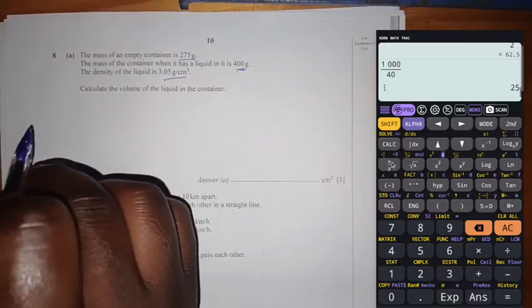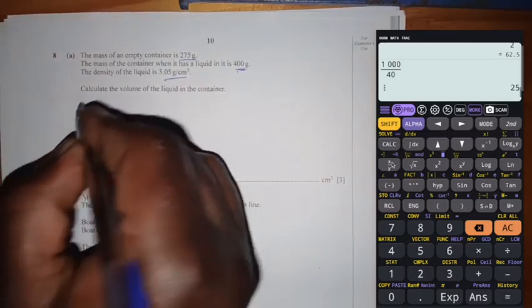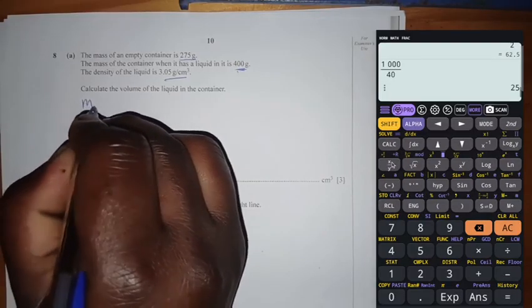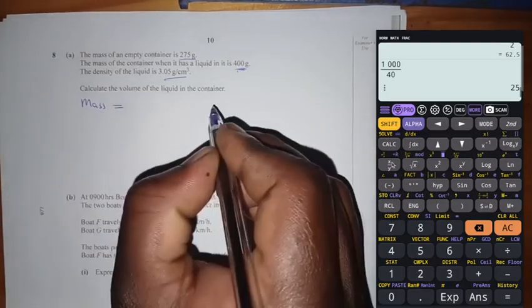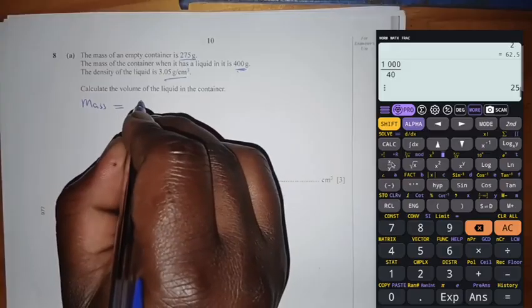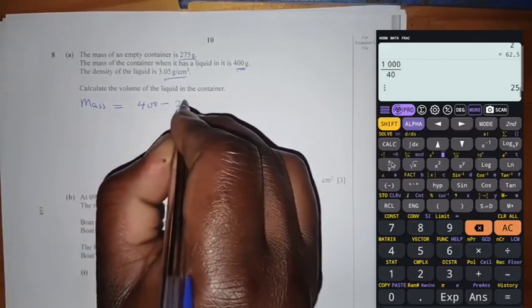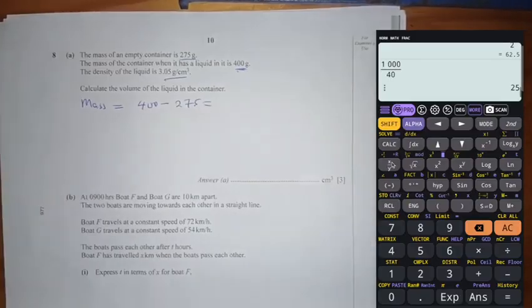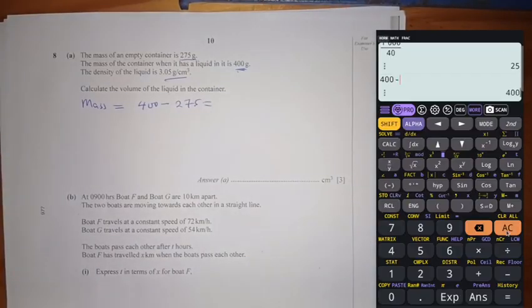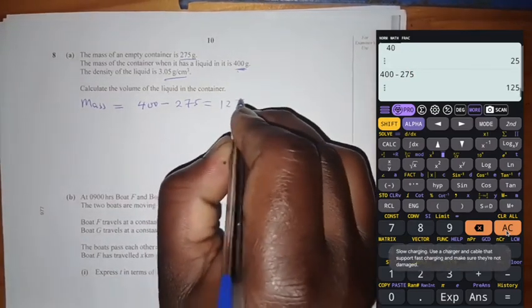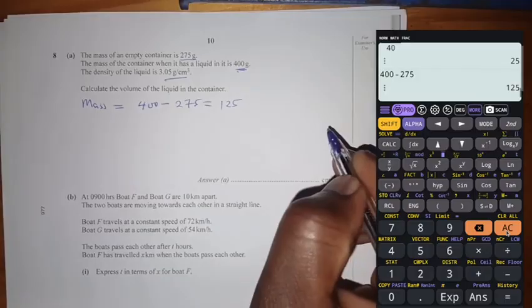Now, first we need to find the mass of the liquid. The mass of the liquid is the container plus the liquid mass, which is 400 minus 275, and this gives 125.